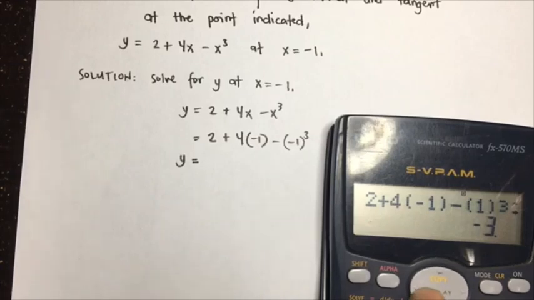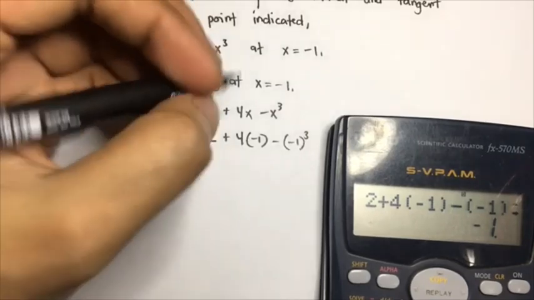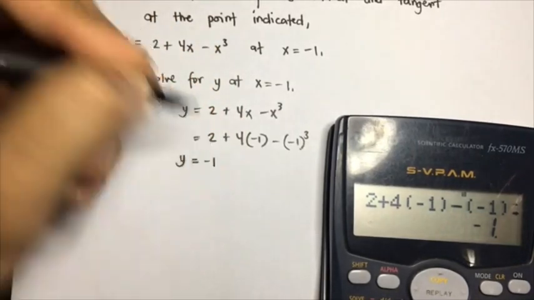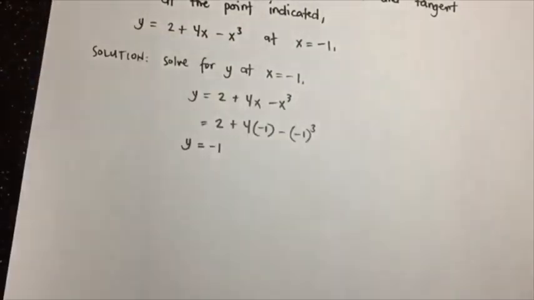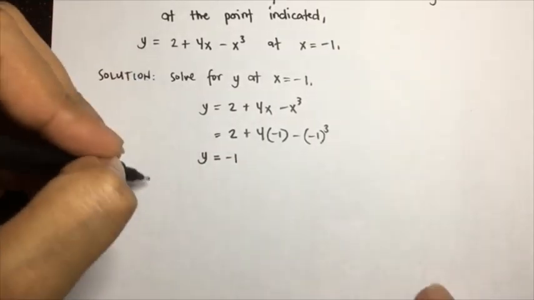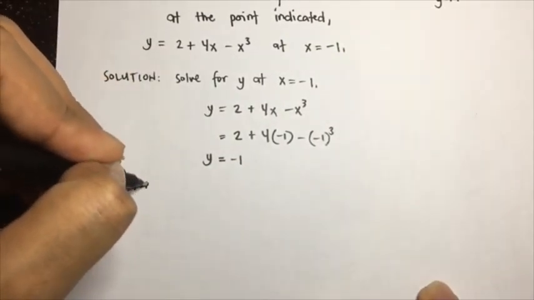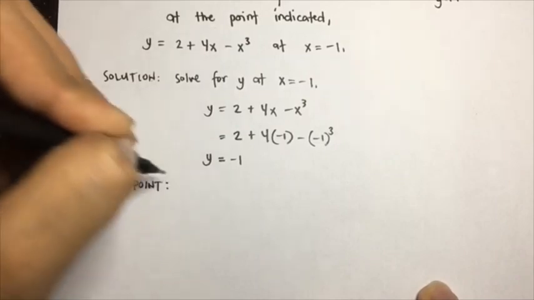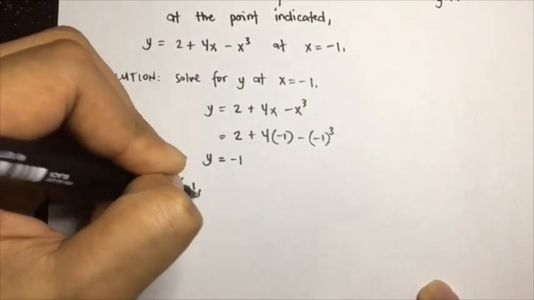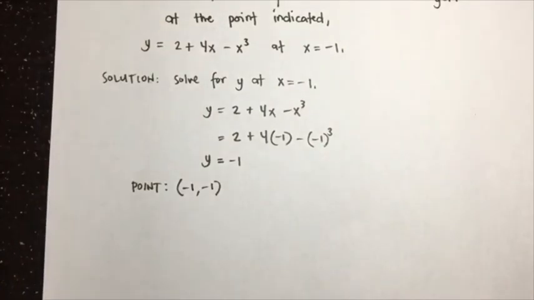Oops, sorry, it's because of the negative there. Yeah, I'm right. So it's negative 1. Okay, so the point of tangency, therefore, is at negative 1, negative 1.